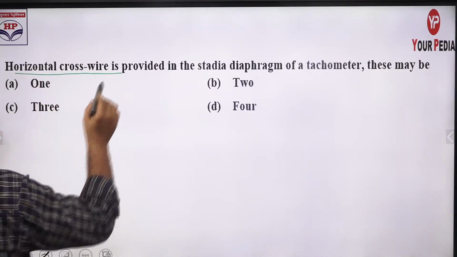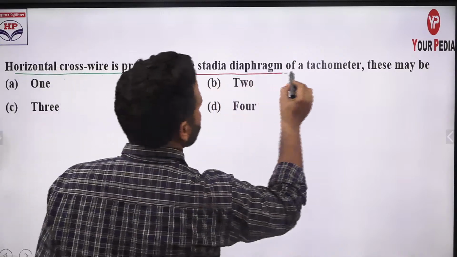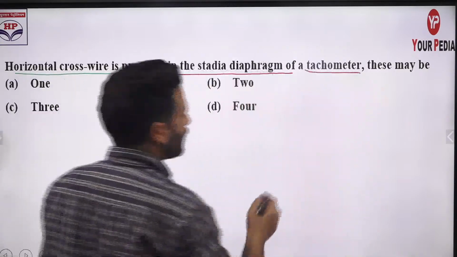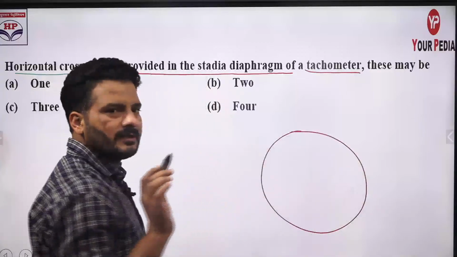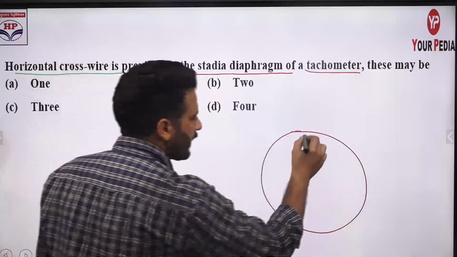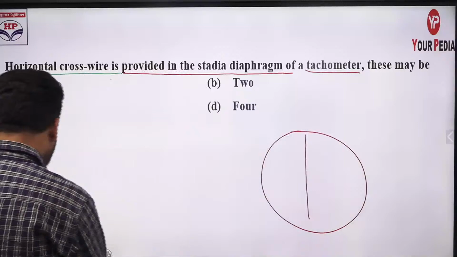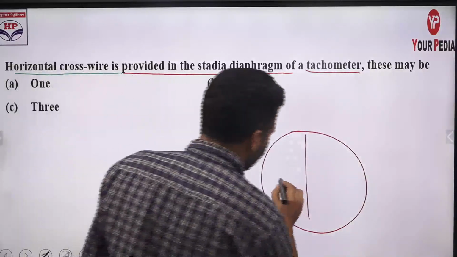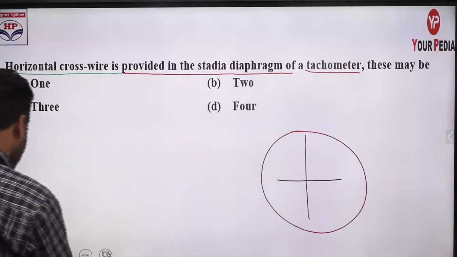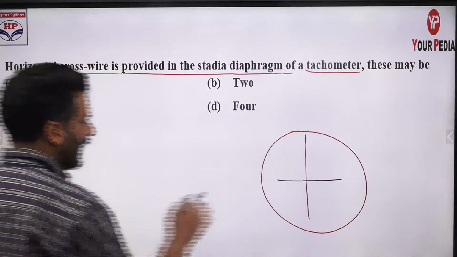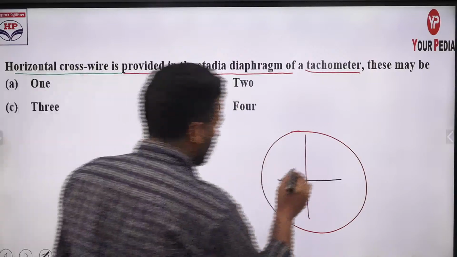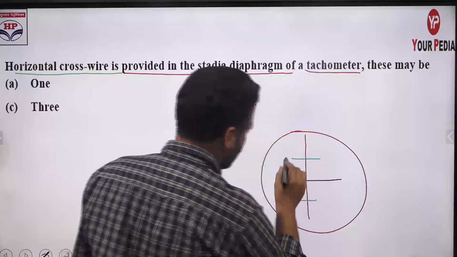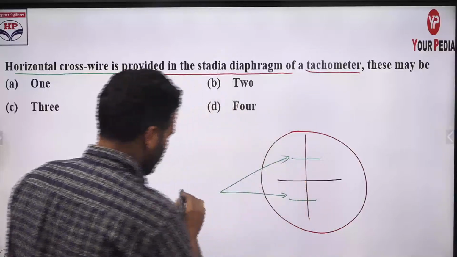Horizontal cross wires are provided in the stadia diaphragm of a tachometer. When you see this tachometer, with the help of this telescope, you have a vertical line and a horizontal line, kind of hairs. In addition to this horizontal hair you have two additional horizontal hairs.